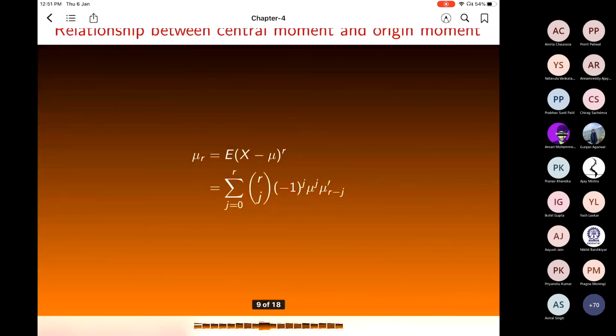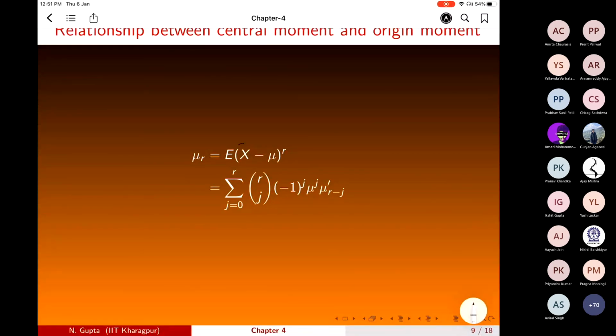Okay, so you can open this up: the summation of rCj, (minus mu) raised to power j, x raised to power r minus j.